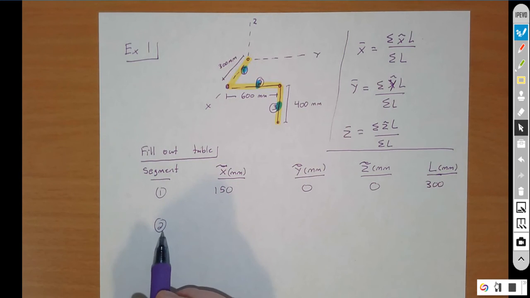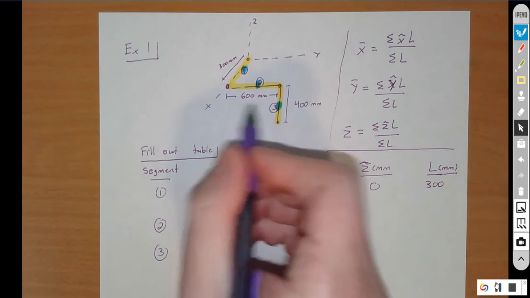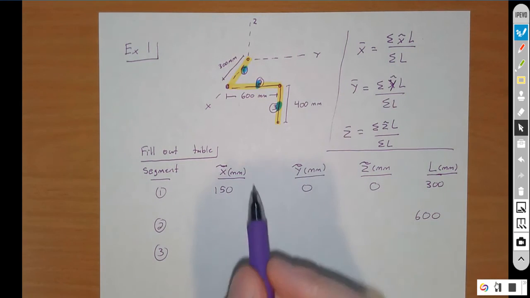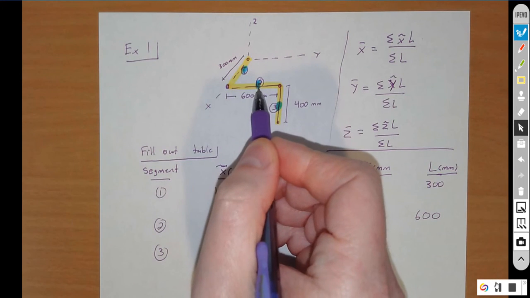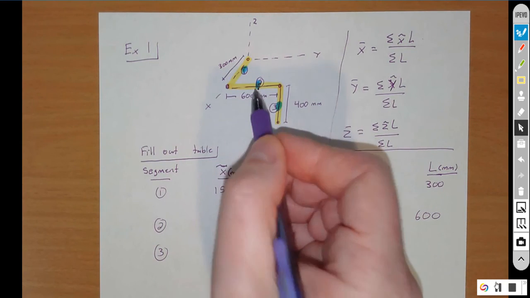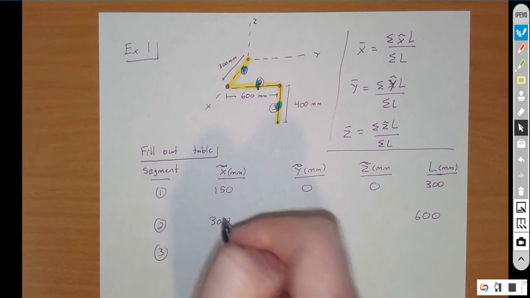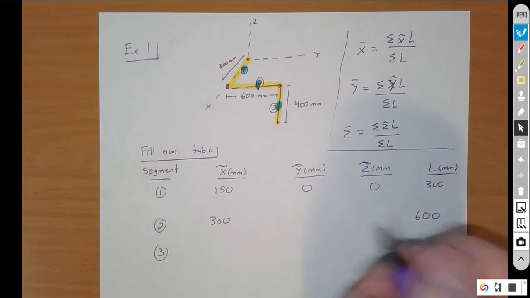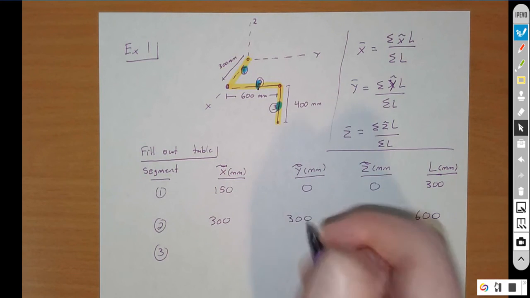All right, shape 2. Let's start with the easy thing. How long is it? It's 600. So if you wanted to, you could put this first. And then you say, okay, what's the coordinate of this blue dot, the center of this segment? Well, it is at 300 in the x, half of this in the y, which is 300, and in the z, it's 0.